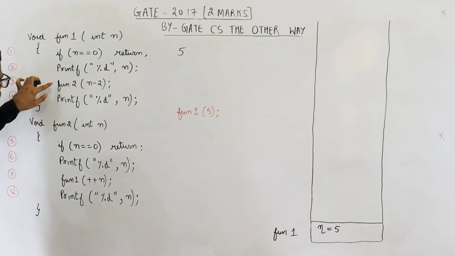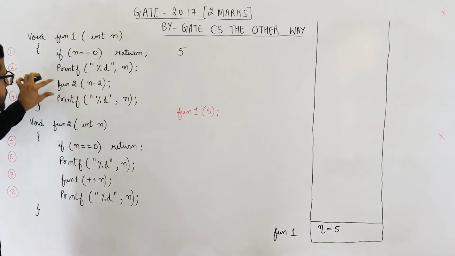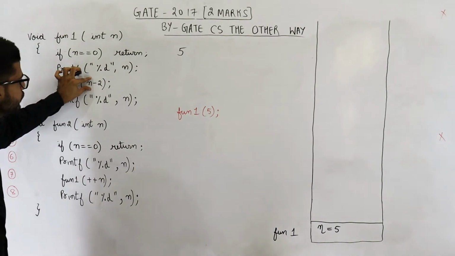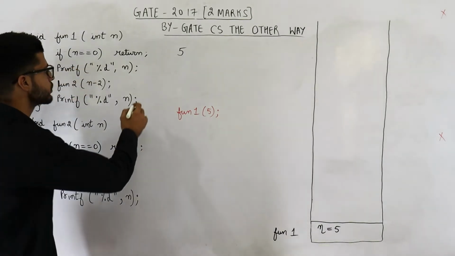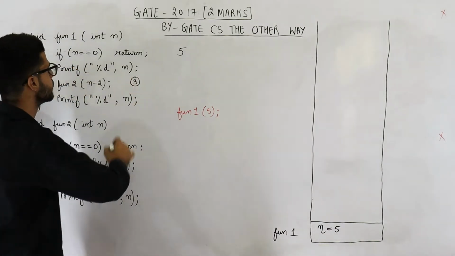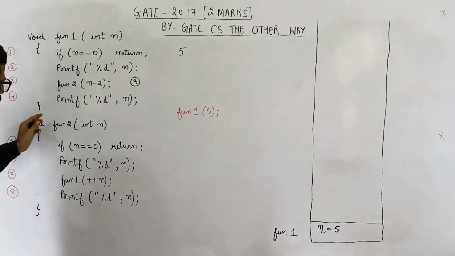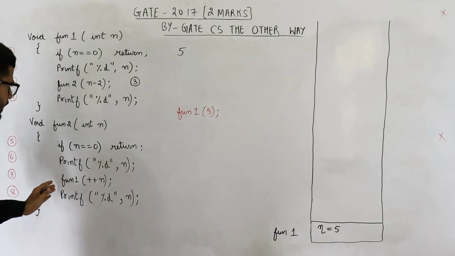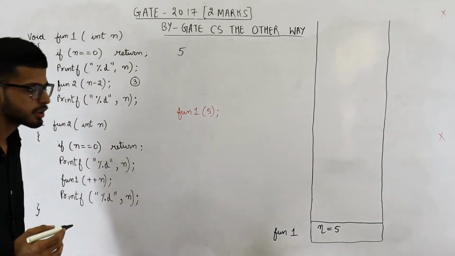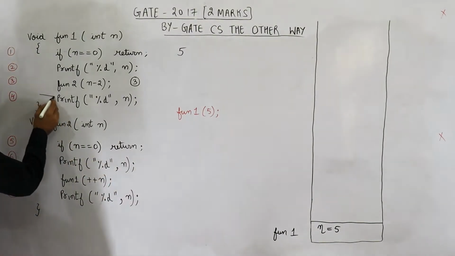Then the third line says fun2(n-2). That means you are calling a function named fun2 and you are passing 5 minus 2, that is 3. Call means you will start executing this function, and whenever you return, you will resume the execution from here.